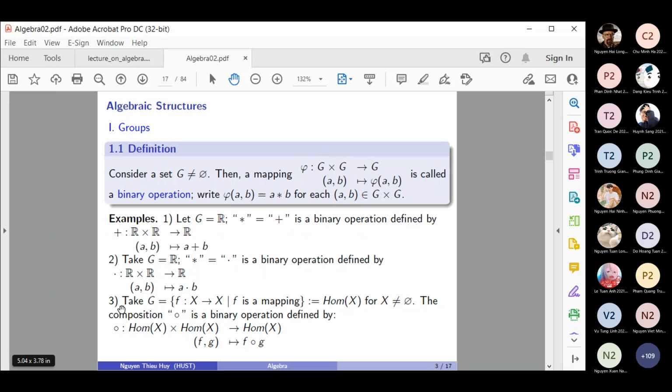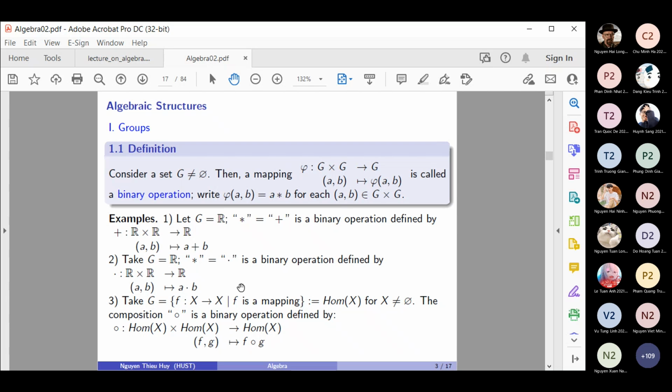But let's see example 3. Actually it is again associative. If you compose more, then you can put brackets anywhere and the results are the same. But if you change the order, then the result is changed. This means generally composition is not commutative.